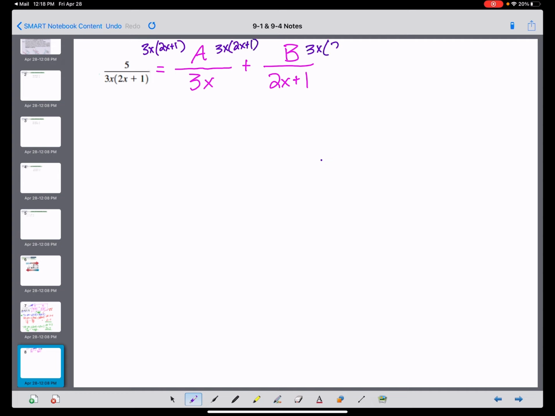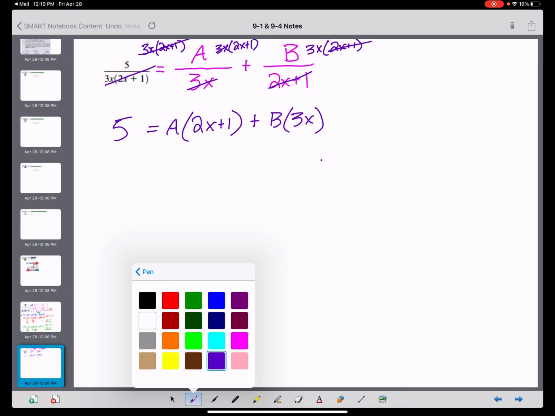Now this cancels with that, and I have 5 equals, my 3x cancel, A times 2x plus 1 plus B times 3x. So now we don't have any more fractions.